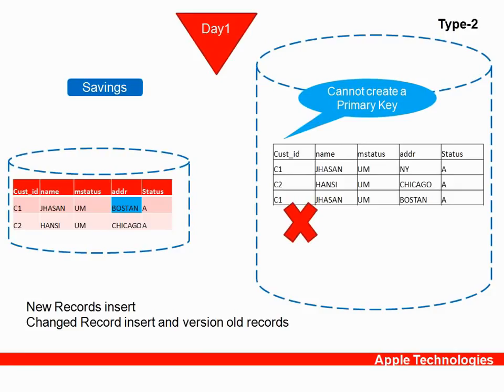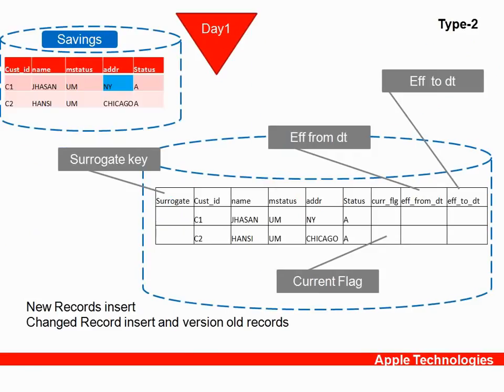Along with the information you take from your OLTP system on the left side and keep into the target table, which is the minimum we need to accommodate this information, in addition to these columns we will create some columns, those you have seen previously: surrogate key, natural key, a lot of things. So this table is not going to help me maintain my type 2 information. That's why I am creating the same information with some extra columns.